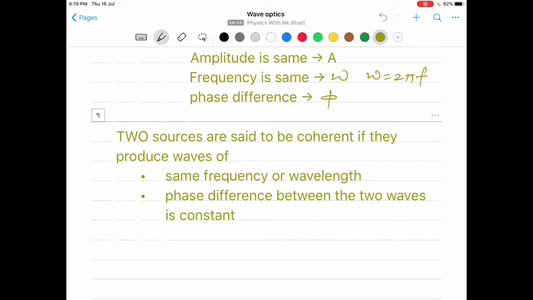So these are two important parameters for two sources to be coherent, and these two conditions are: the waves originated from the two sources having same frequency and wavelength, and phase difference between the two waves is constant. If these two conditions are satisfied, the sources are said to be coherent.